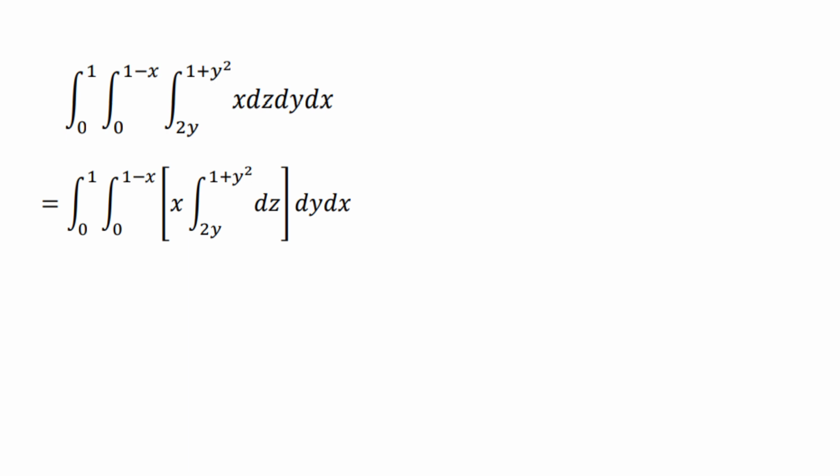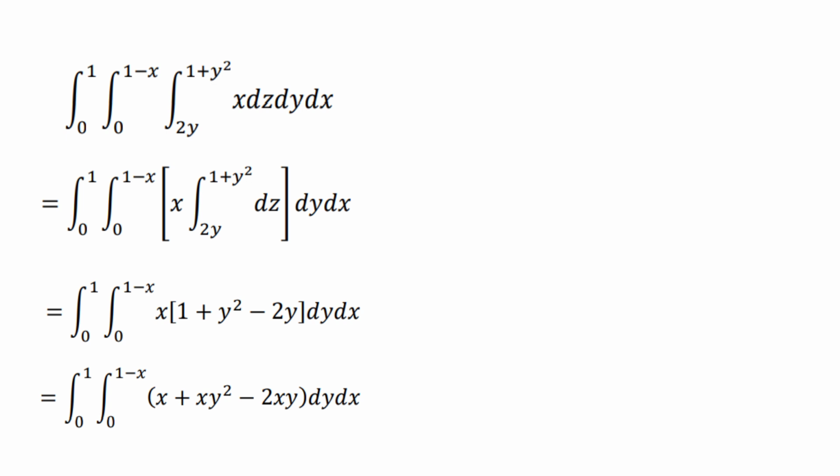The integral of dz is simply z. And after that, we need to substitute 2y and 1 plus y squared to our z. Now we have 1 plus y squared minus 2y. And we need to distribute the x in our 1 plus y squared minus 2y.